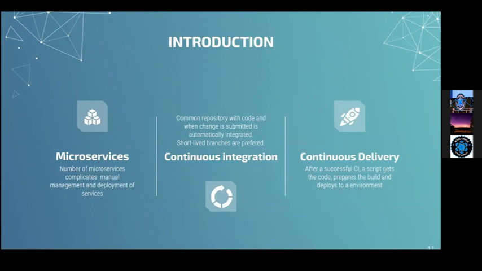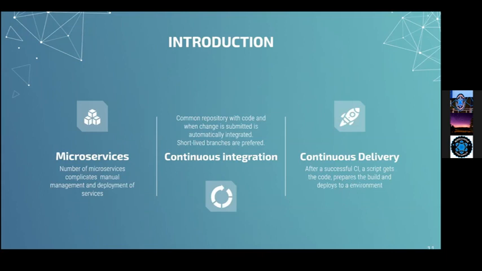Continuous integration, also known as CI, is a practice that establishes that there is a common repository that stores the code, and when a change is submitted to that code, it's automatically integrated to the rest of the code and the rest of the system. But before that, it passes a number of tests.